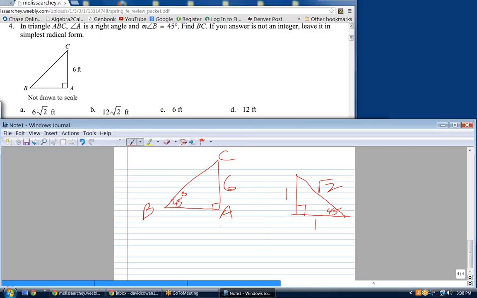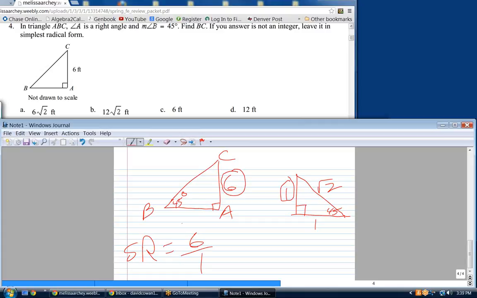Because the most important thing to determine between these 2 triangles is the similarity ratio, the ratio of 2 equivalent sides. Well, this is one of the sides, this is one of the sides. So by dividing these, we get a similarity ratio of 6 to 1.